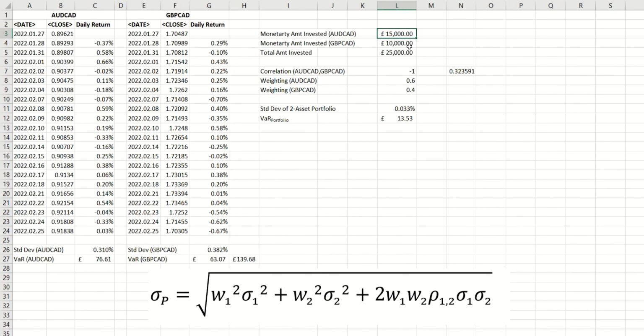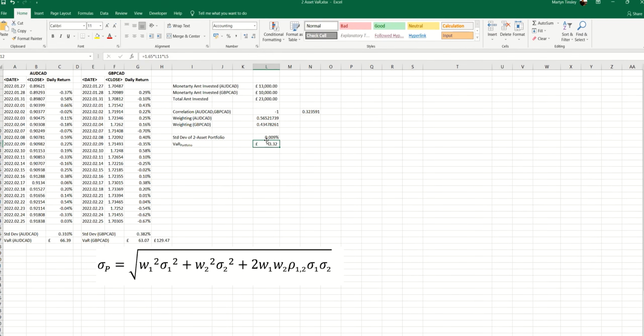If we change the £15,000 monetary value here to, let's say, 13,000, we've now reduced the VaR for the portfolio even further to just £3. Now, this is using an extreme example with a correlation of -1, but the same principle applies even when we have normal correlation values. We can still adjust those position values in order to minimize that risk.